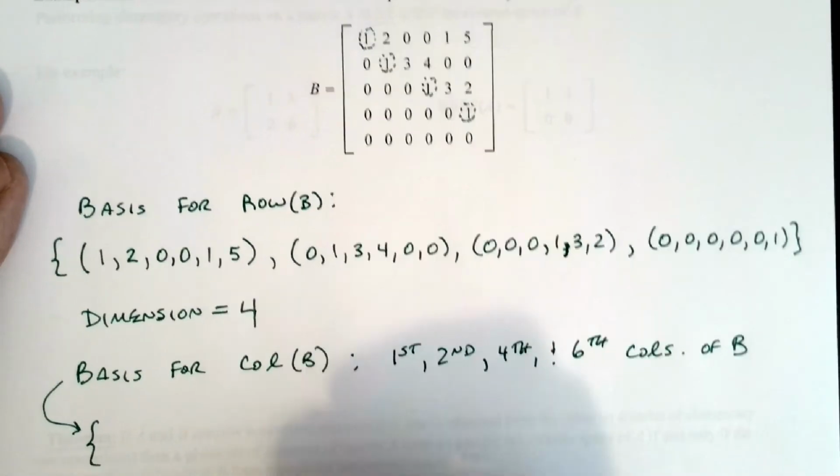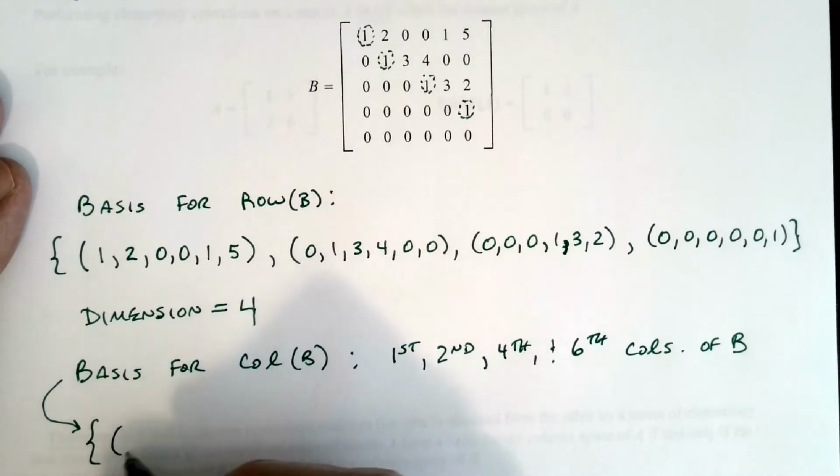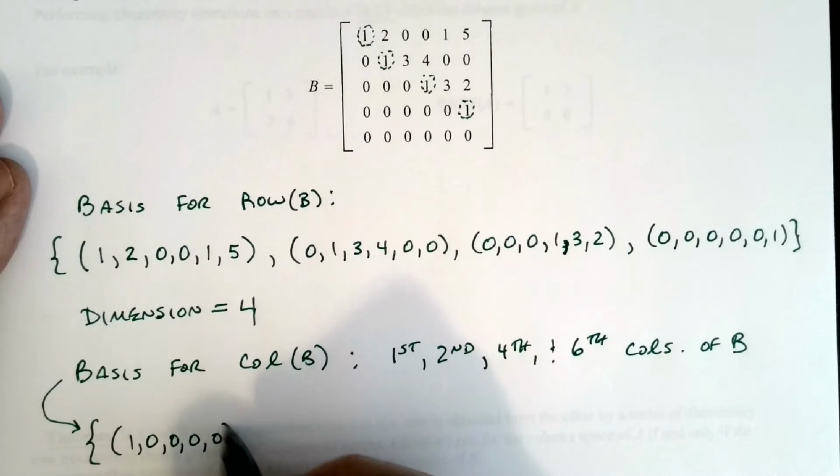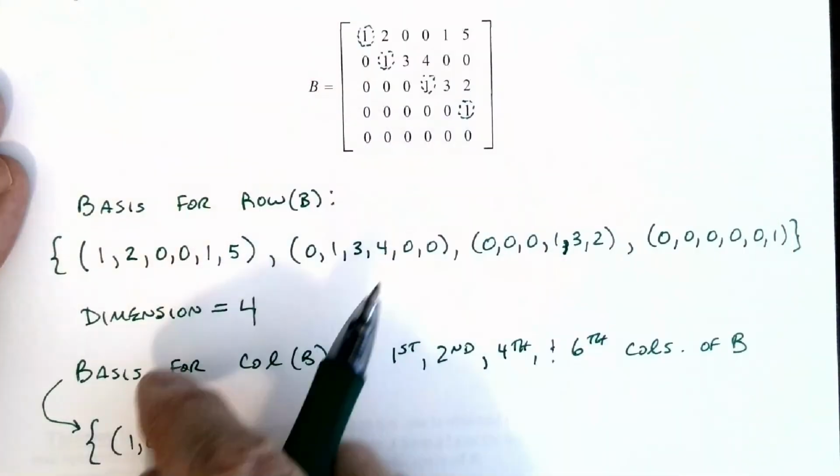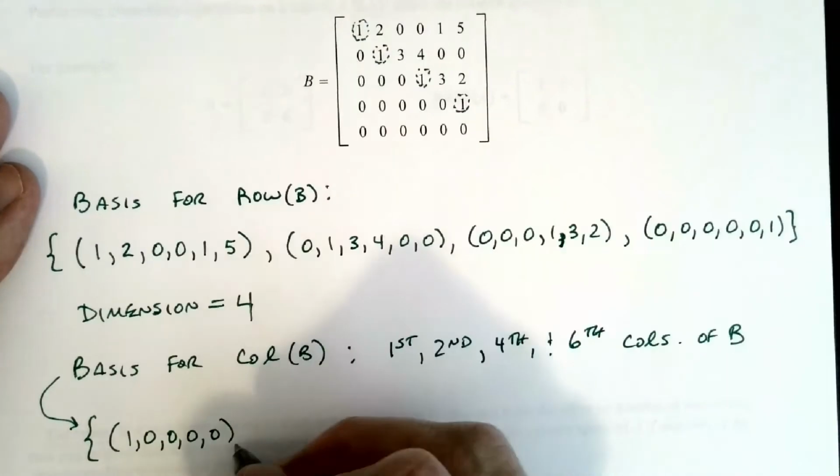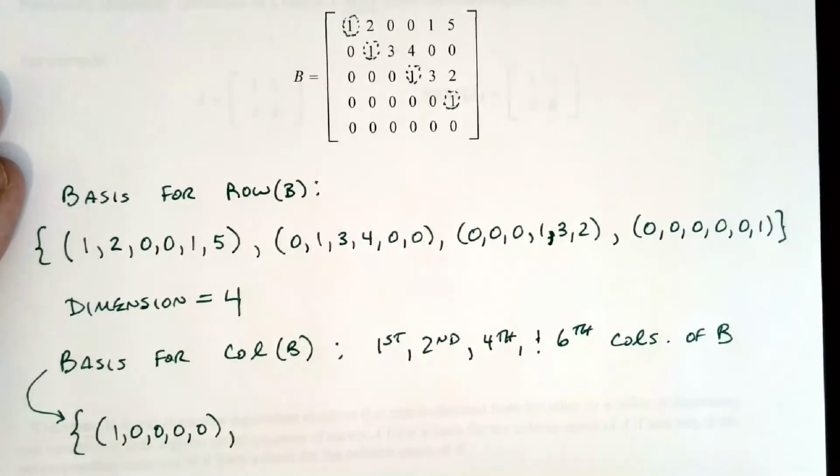Now the columns are 5 tuples, if you'll notice. I'm going to still write them in comma delimited form. If you want to write them as a 5 by 1 column vector, that's another way you could write them. It's just easier to write it across the paper with the amount of screen space that I have with this camera.